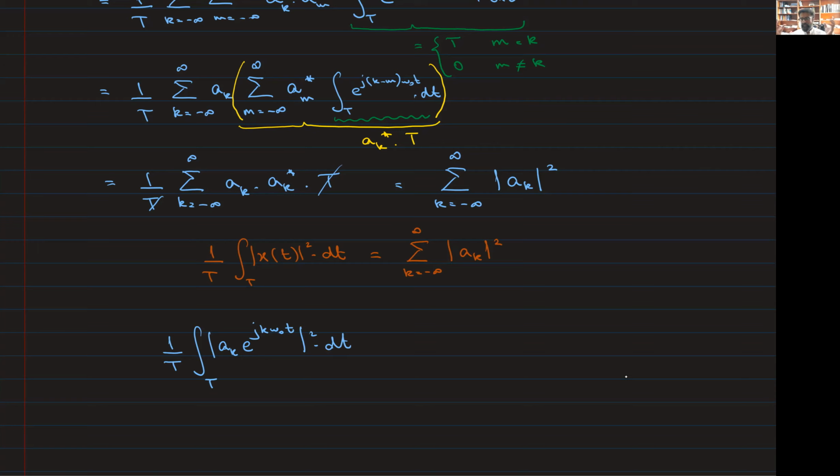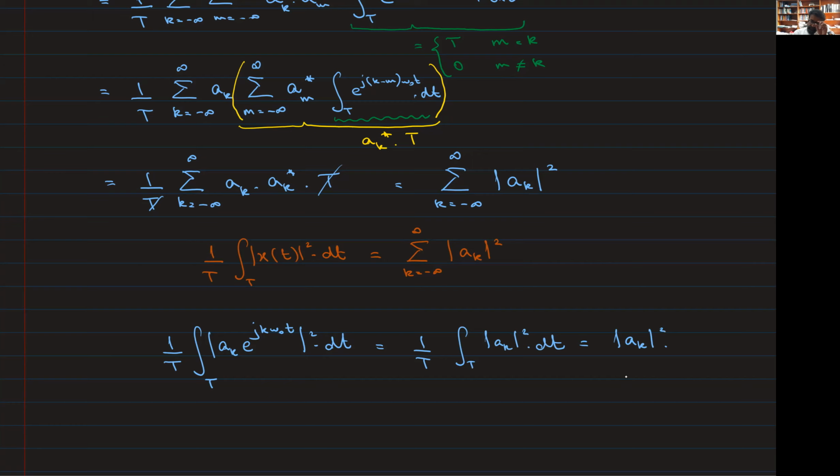And all I do is I just pick up one of the kth harmonics and see कि उसके अंदर कितनी power है, right? And if I compute this integral, this is 1 upon T, and this is integral. This is a k absolute squared, because e raised to jk omega naught t ka absolute value is 1, and this is dt, and this turns out to be equal to a k squared, right?